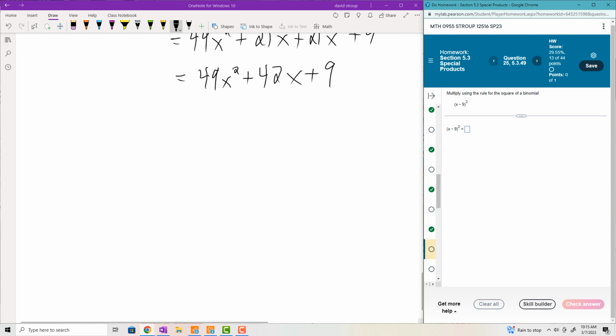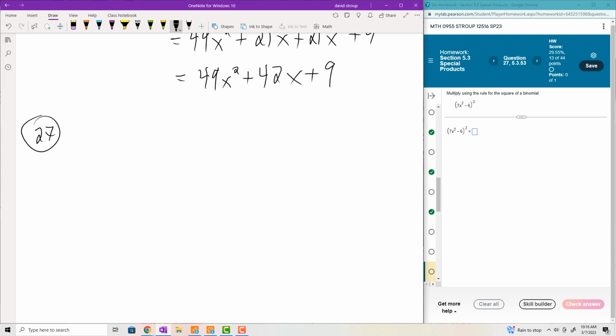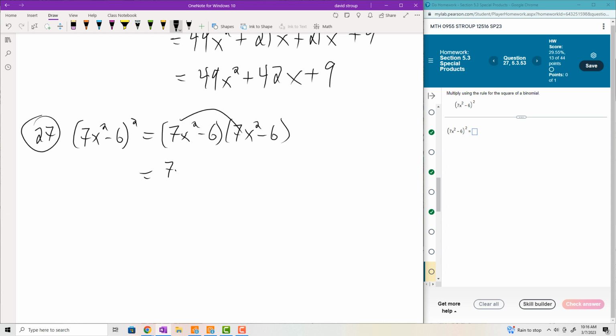Okay, so more of the same. Let's try this guy. So 27. We have 7x squared minus 6 squared. Again, you cannot just distribute that 2 to each term. You have to FOIL. So we expand it. And then it's first. Outer.